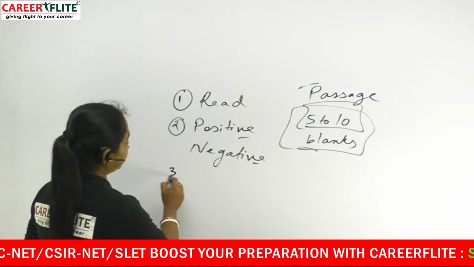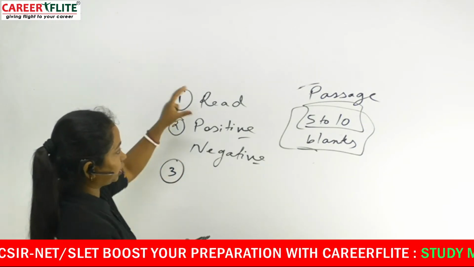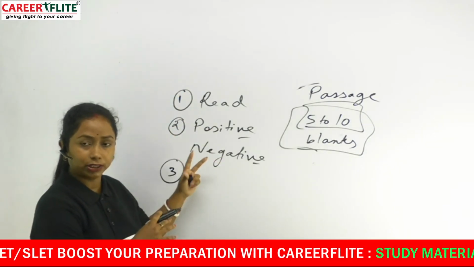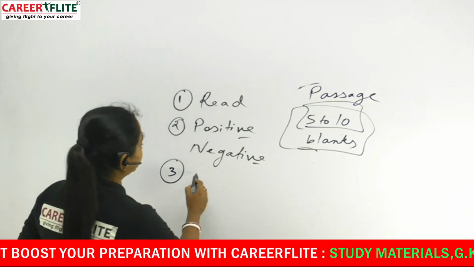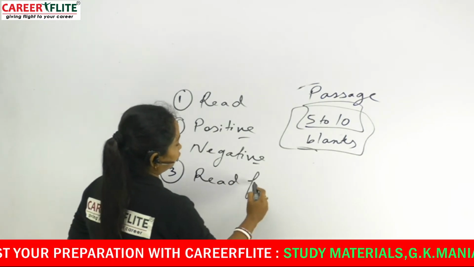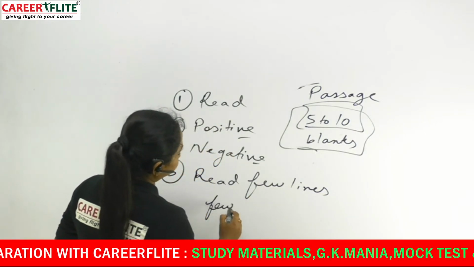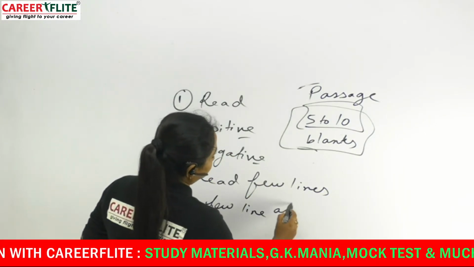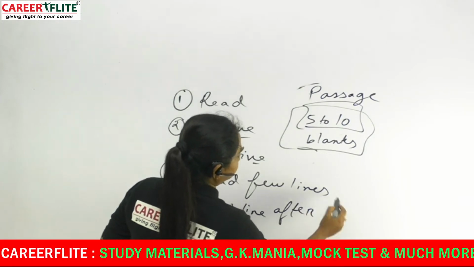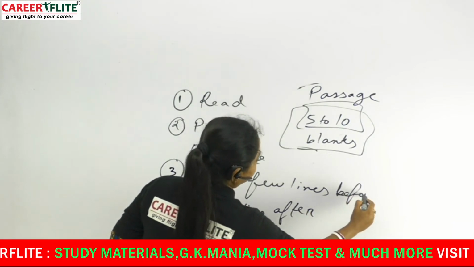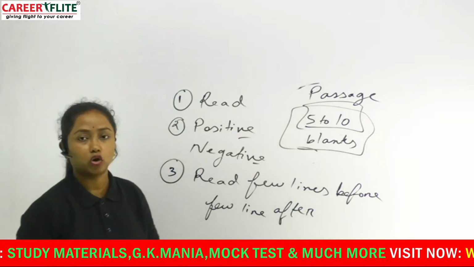The third step, if you don't want to read the whole passage, we can avoid that step and read a few lines before the blank and a few lines after the blank, and then we can start solving the passage.